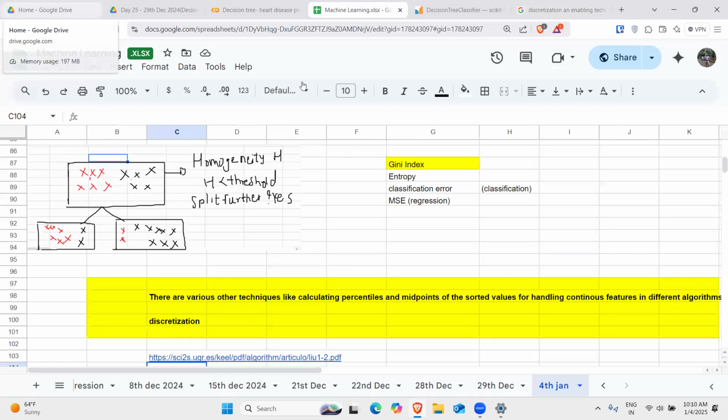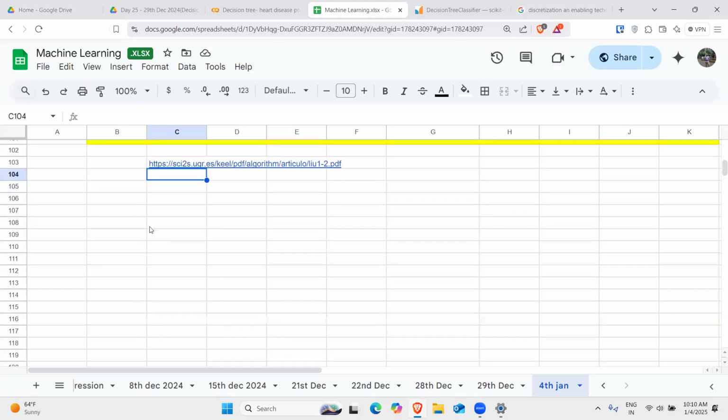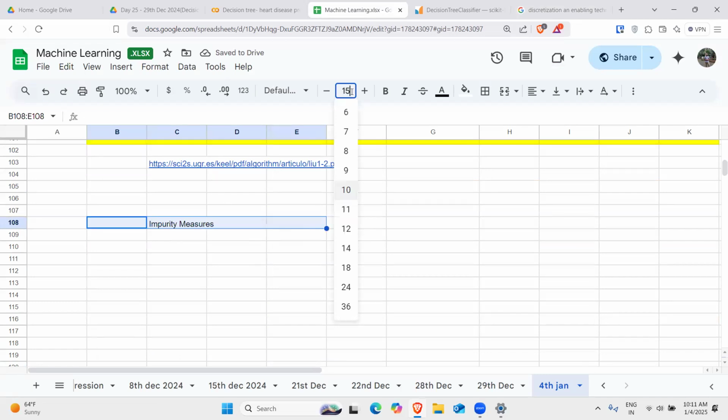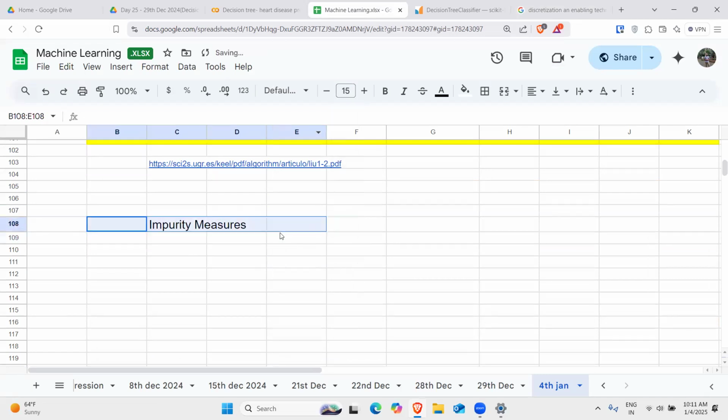And then here comes some mathematical discussion about the measures of impurity. Anyway, it's very interesting, but still a little challenging for those who find mathematics challenging, right? So we are going to deal with the formulas.